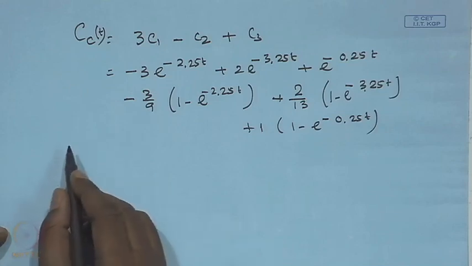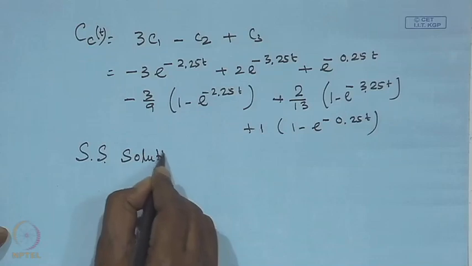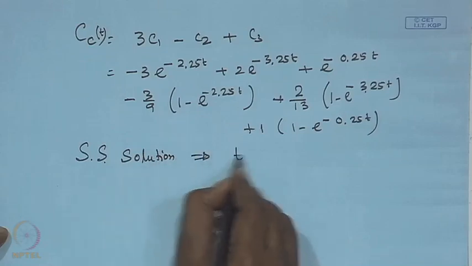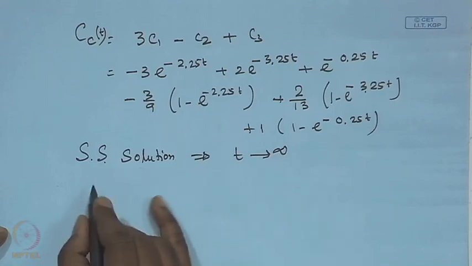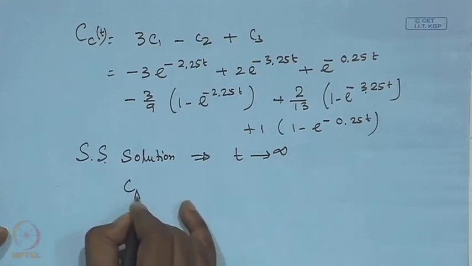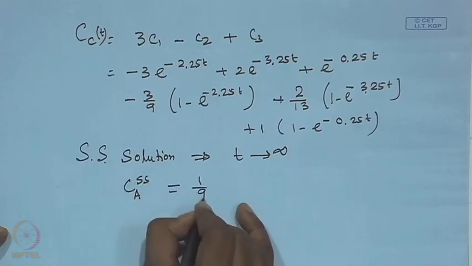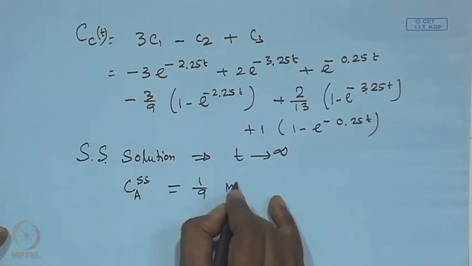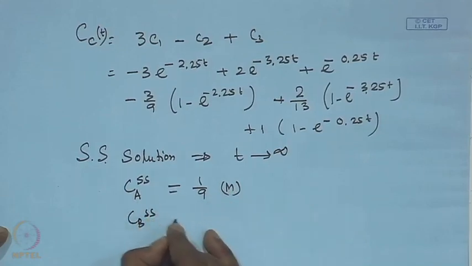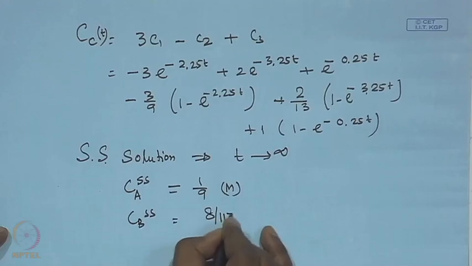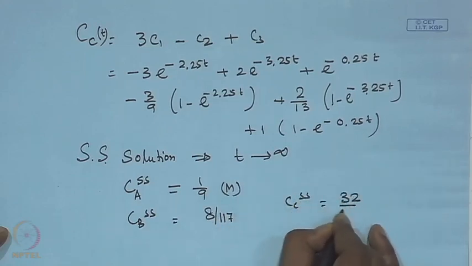So, we can get the steady state solution also. Steady state solution is obtained when t tends to infinity. So, once we put t tends to infinity in the solution, we get the steady state solution, and the steady state value of C A is 1 by 9 gram mole per liter, C B at steady state is 8 by 117, and C C at steady state is 32 by 39.